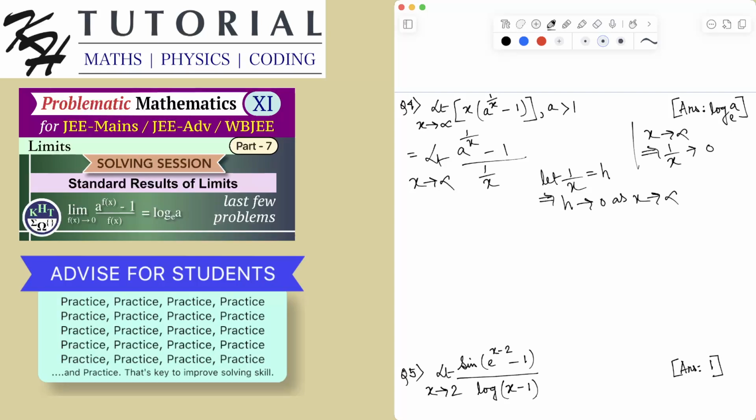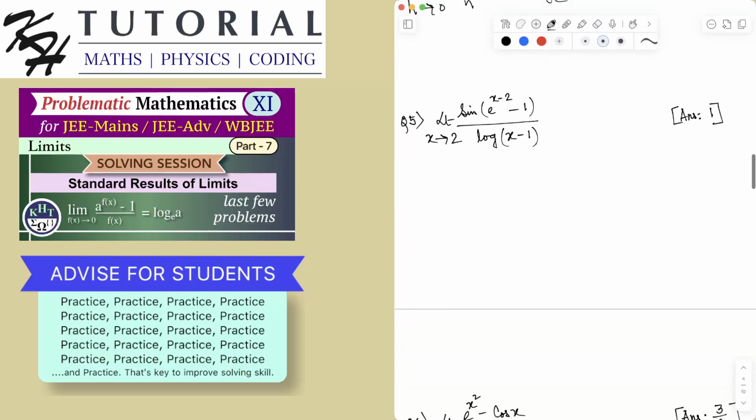So the limit will become limit h tending to 0, a to the power h minus 1 divided by h, which is a direct standard result we can apply, and it is log a to the base e.